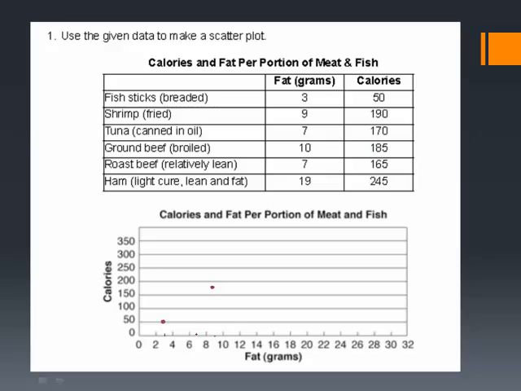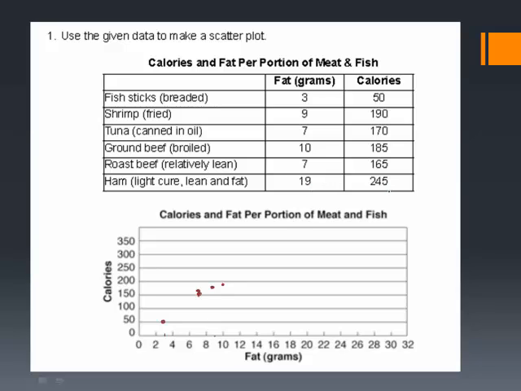7 and 170. 7 is here. 170 is probably right about here. 10 and 185. Here's 10. 185 is closer to 200. 7 and 165, so we're back at 7 and 165, kind of 2 points almost on top of each other.